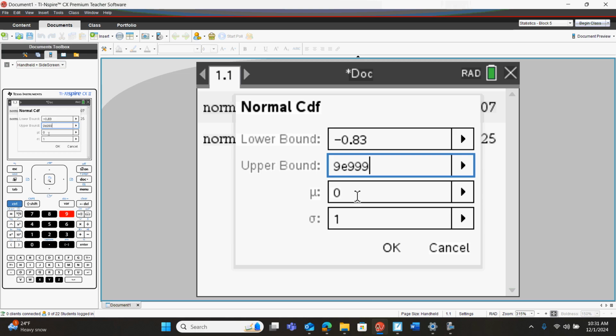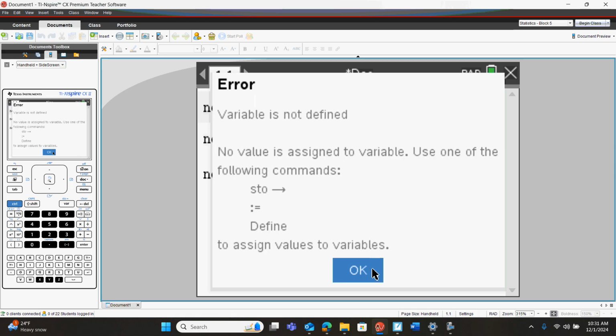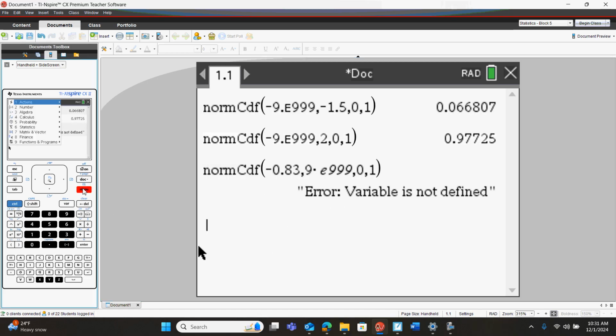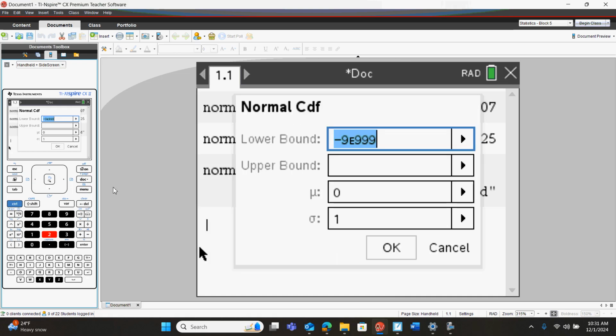Let's calculate that. Variable not defined. Oh, you know what? It's because I used a lowercase e. So your calculator is sensitive. All right, let's try it again. So we're going to go negative 0.83.